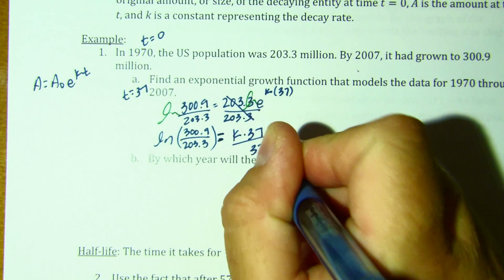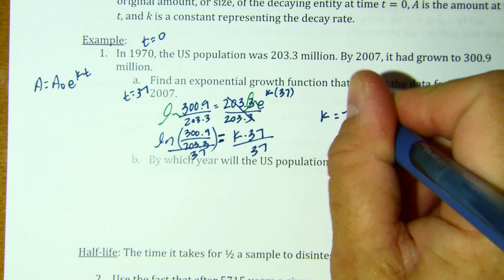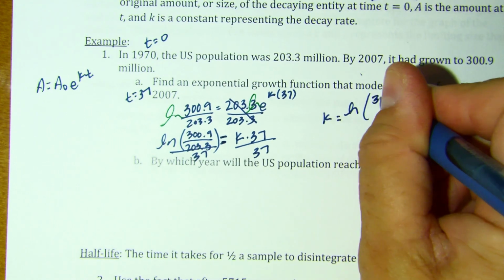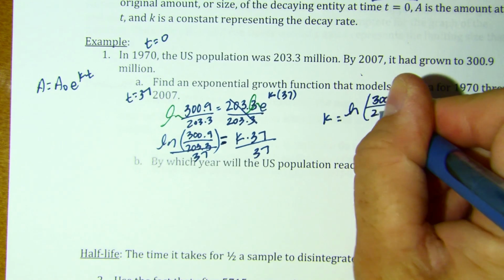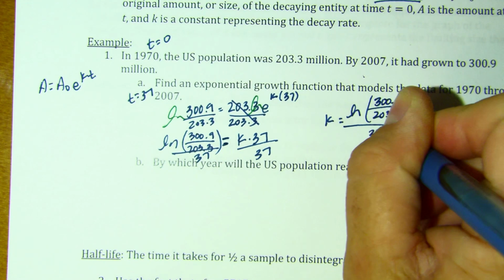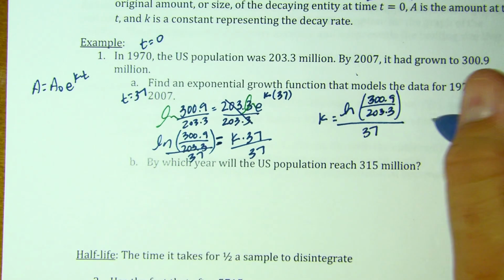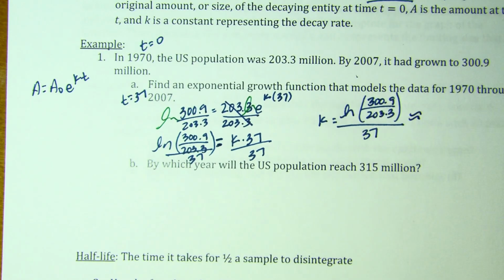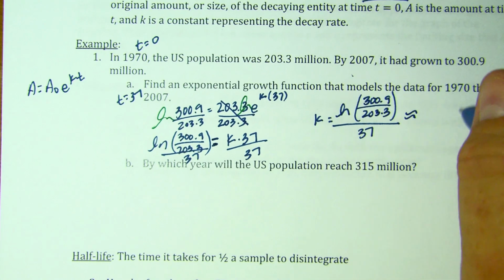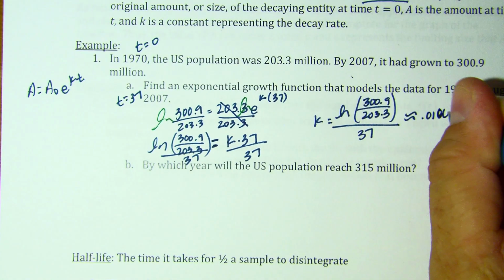So I can divide both sides by 37, and k is equal to the natural log of 300.9 over 203.3, and that whole thing divided by 37. So make sure you're using parentheses when you're typing that in your calculator. And when we type that in our calculator, you should get 0.0106.